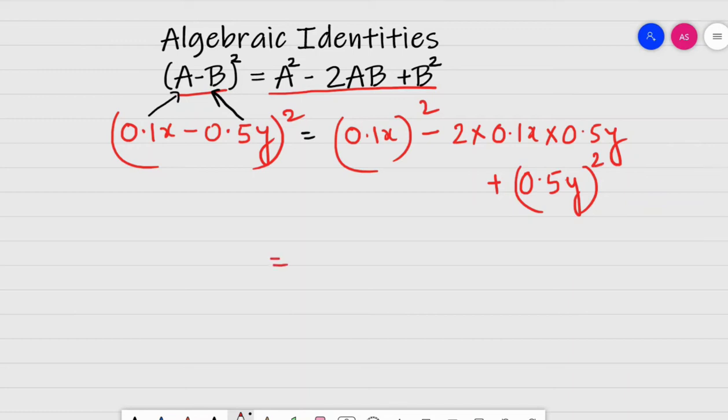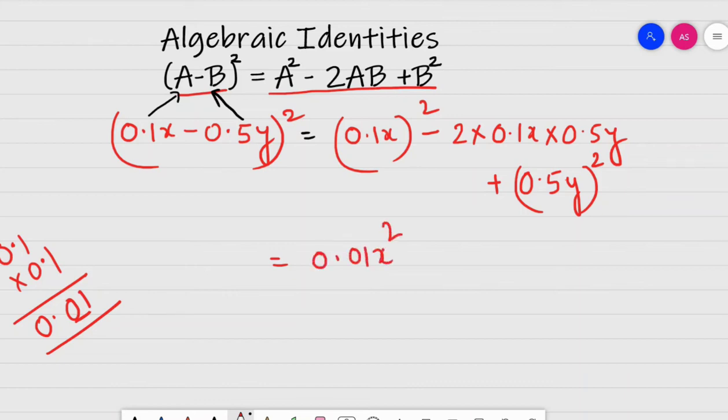0.1x into 0.1x. See, 0.1 into 0.1 will be, see, 1 into 1 is 1, 0.01, because after the point you have to put two places of decimal. So this will become 0.01x square minus, now see, 5 into 1 is 5 and 5 into 2 is 10, and you have to put two decimals.